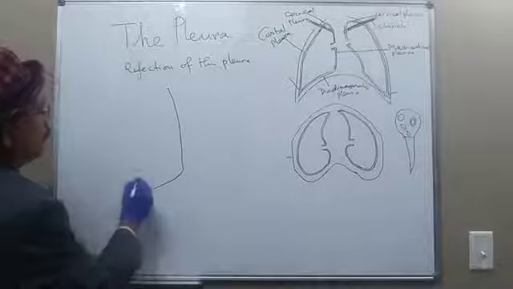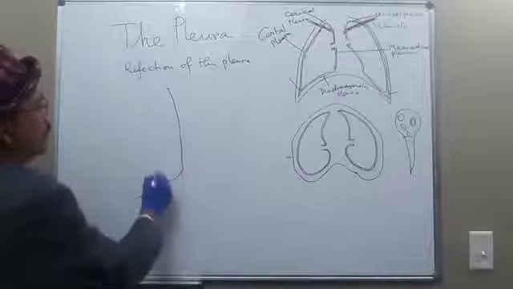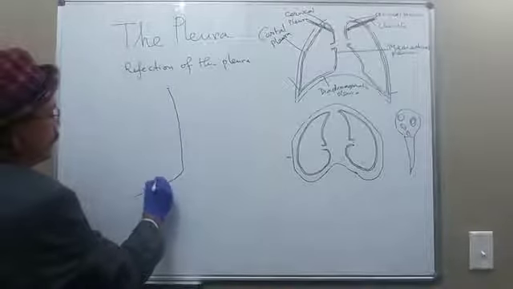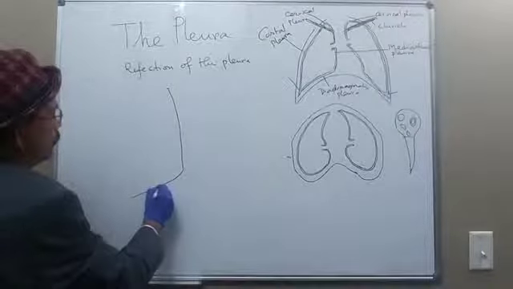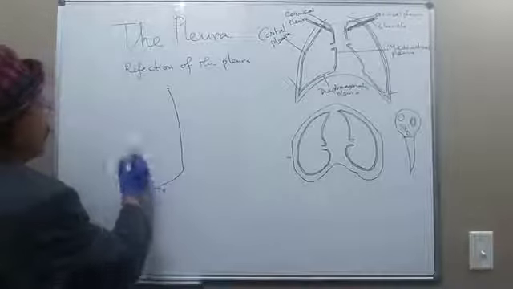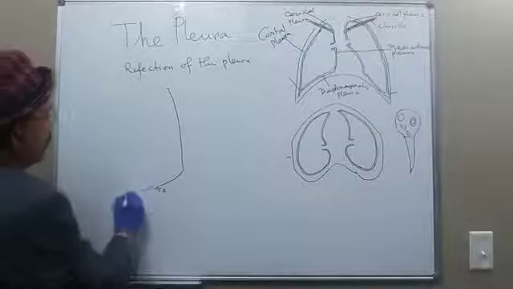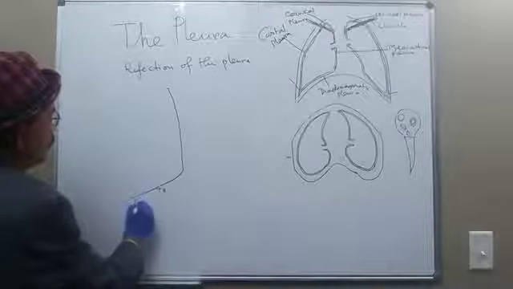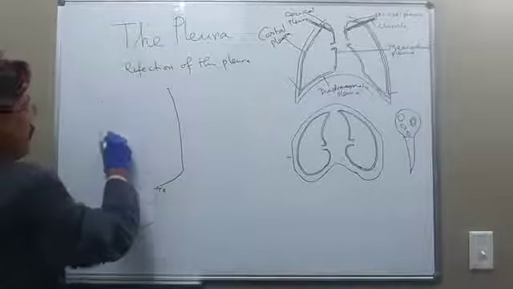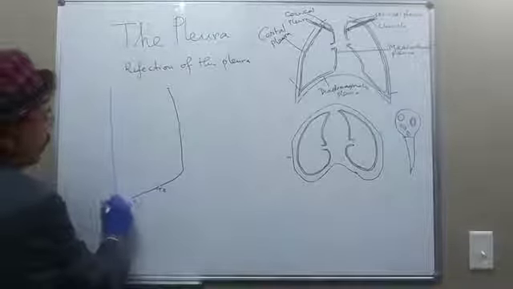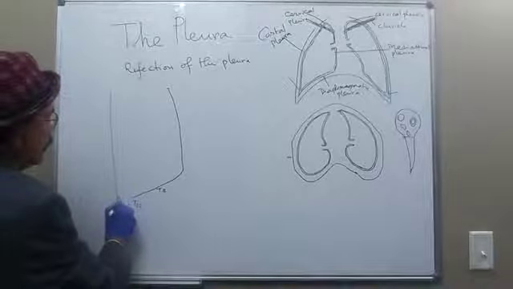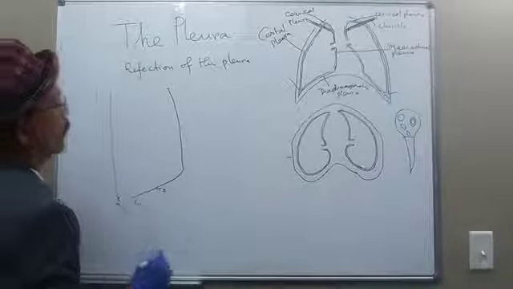In the mid-clavicular line, it is around T8 level. Mid-axillary line, it is T10, and the paravertebral line near the rib neck, it is T12. Okay, on the right side.